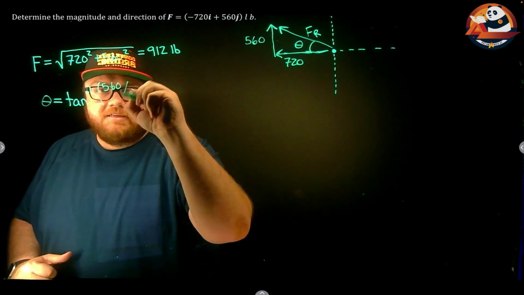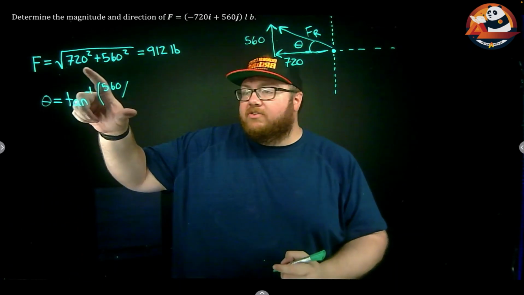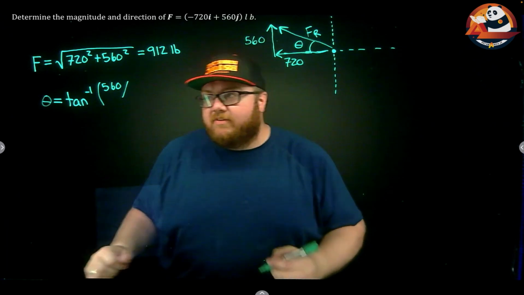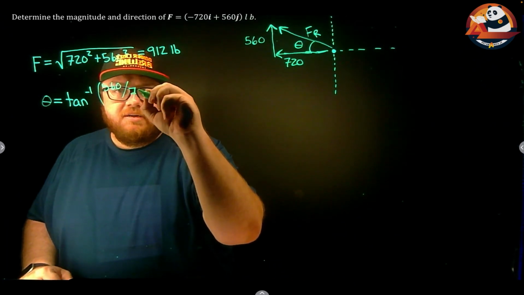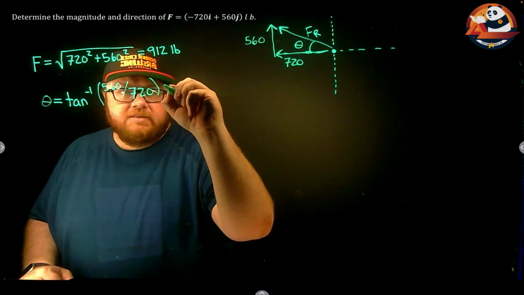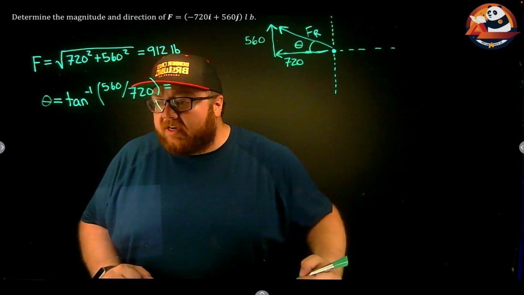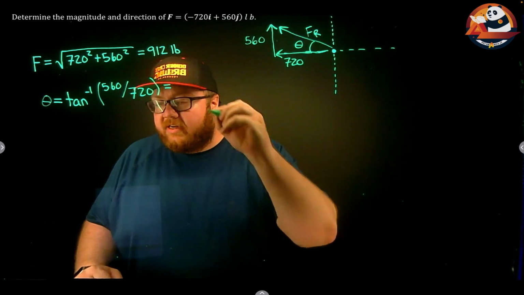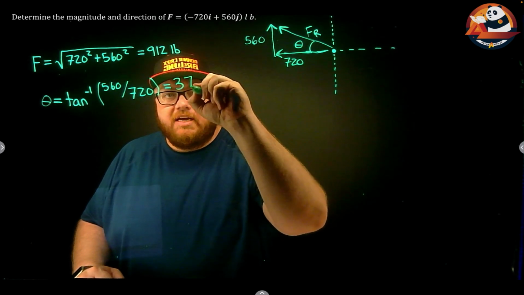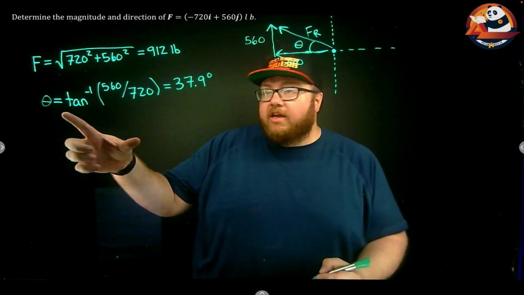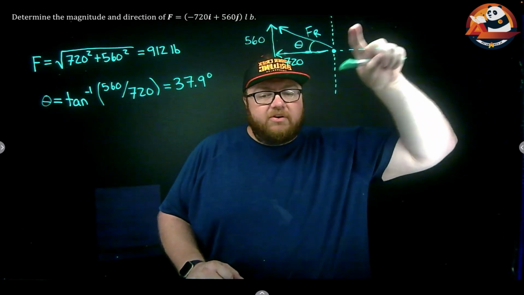Again, I'm forcing this to be all positive, even though it's really negative 720. That gets us theta equals 37.9 degrees. Our calculator thinks it's telling us it's up here in the first quadrant.